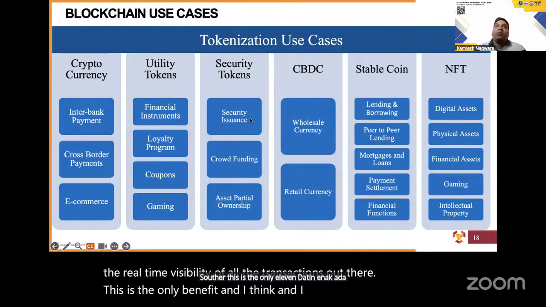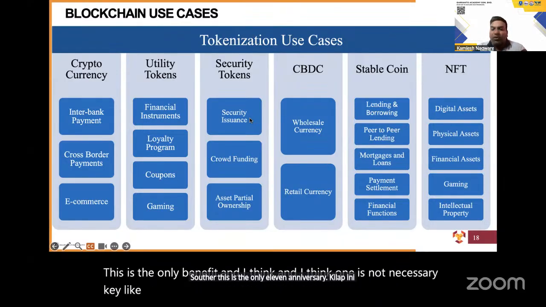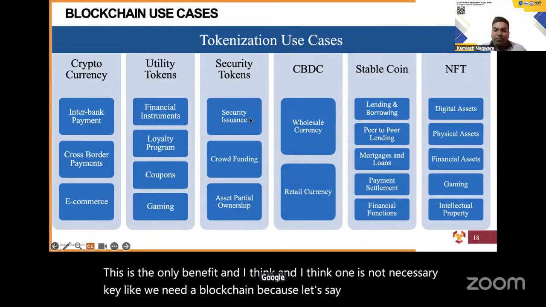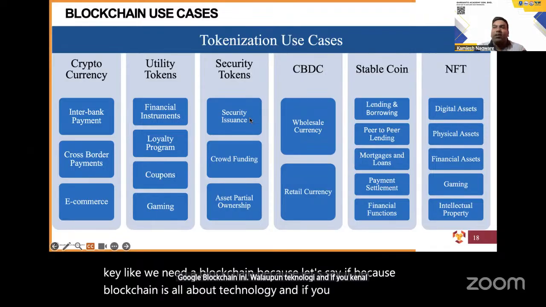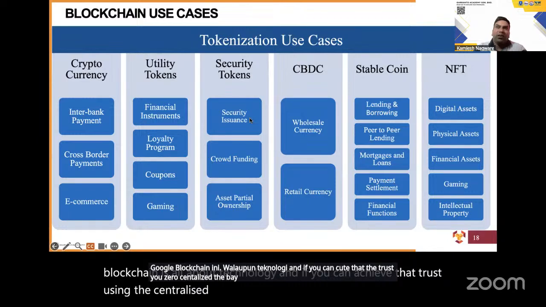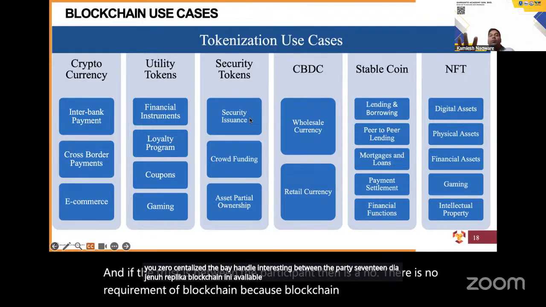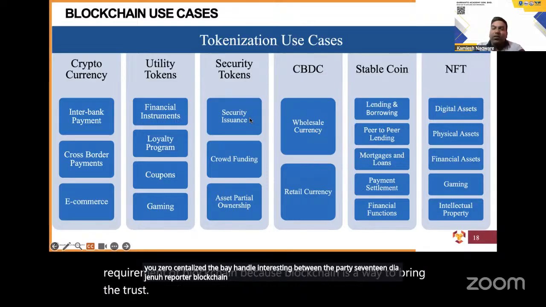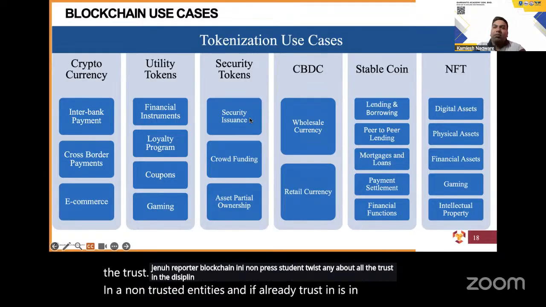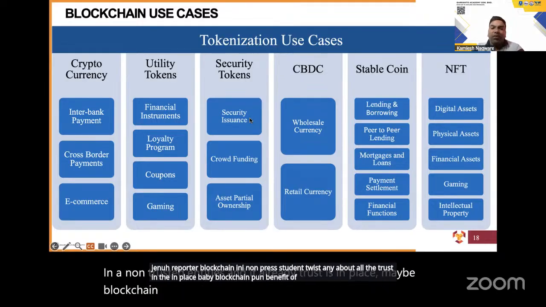And I think it is not necessary that we need a blockchain, because blockchain is all about technology, and if you can achieve that trust using the centralized way, and if the trust is between the participants, then there is no requirement of blockchain, because blockchain is a way to bring that trust among non-trusted entities. And if trust is already in place, maybe blockchain could benefit from an operational efficiency perspective.